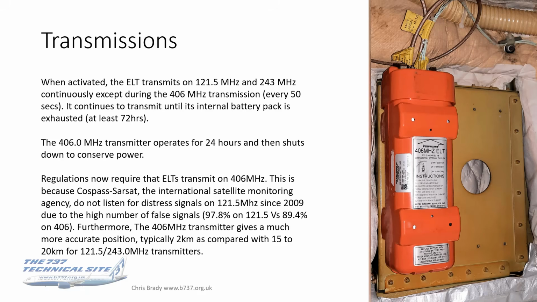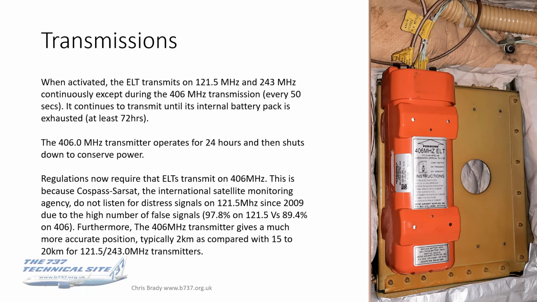Which, as you can see in the data there, is verging on 98% false signals on 1215 versus just 89% on 406. So they cease to monitor it, so that you will only be found by satellite on a 406 transmission.